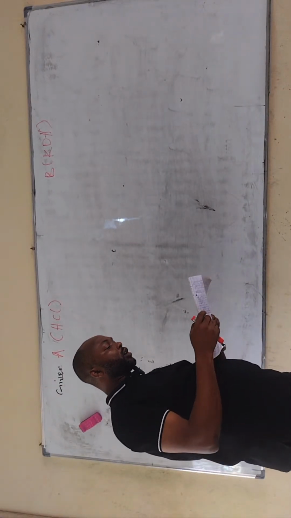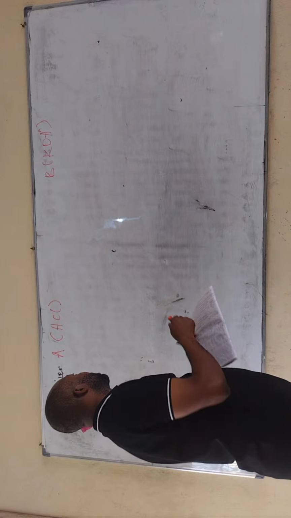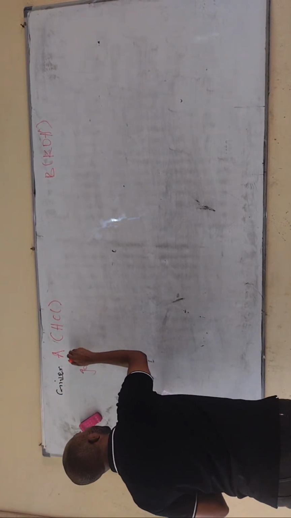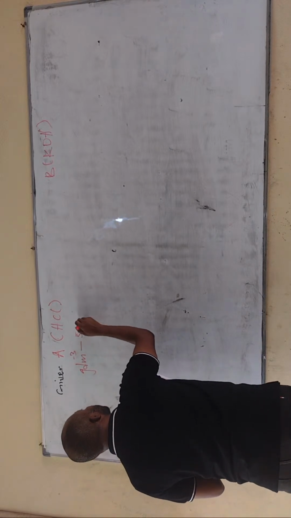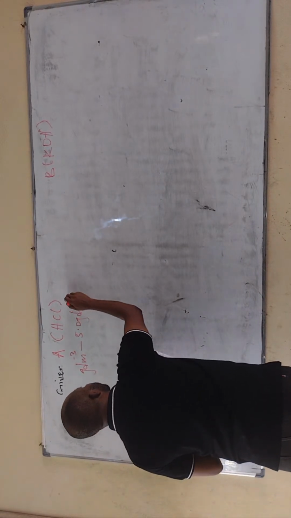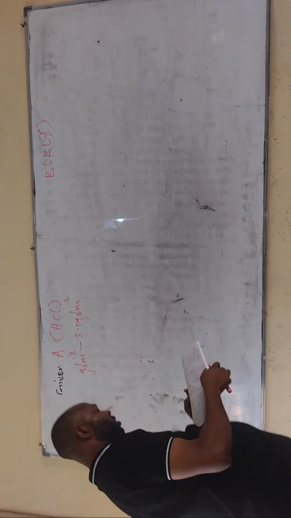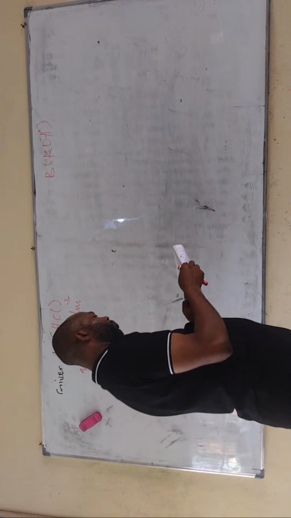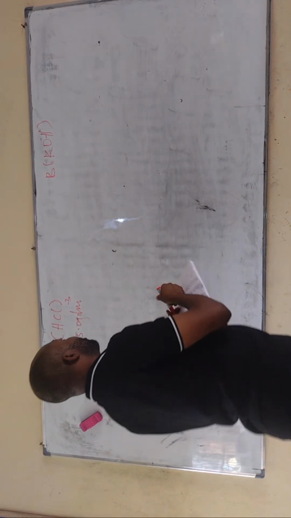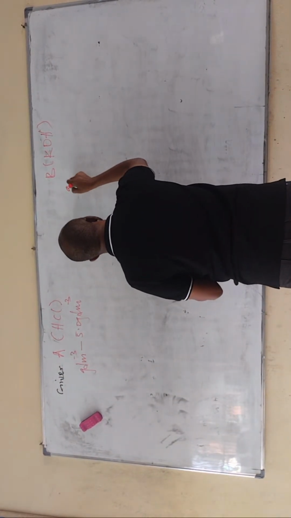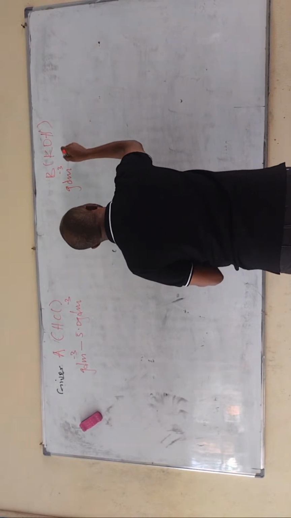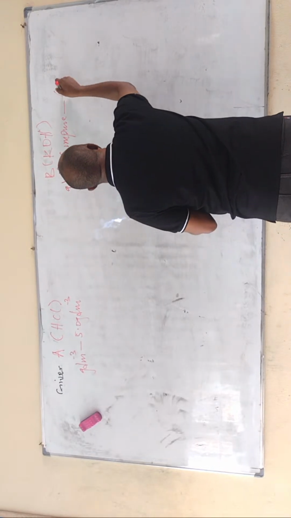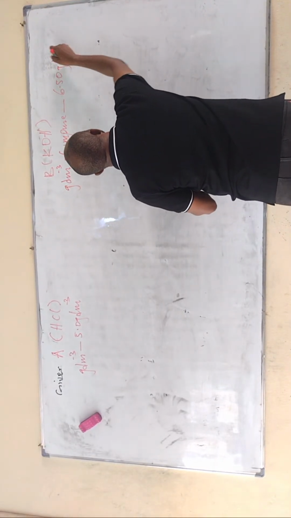A is a solution of HCl containing 5.0 g/dm3. The mass concentration of the acid is 5.0 g/dm3. B is a solution containing impure potassium hydroxide, containing 6.50 g/dm3 of the impure.